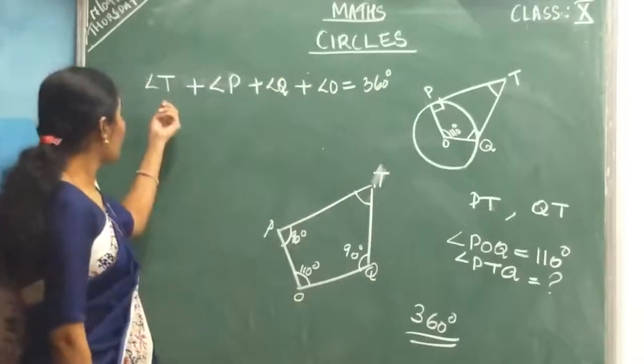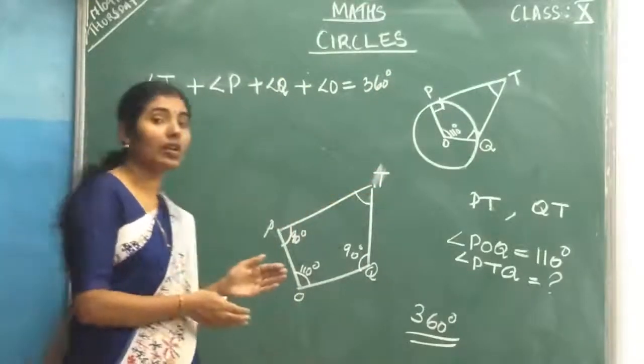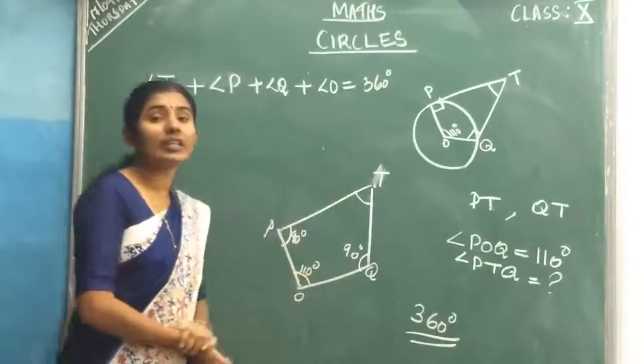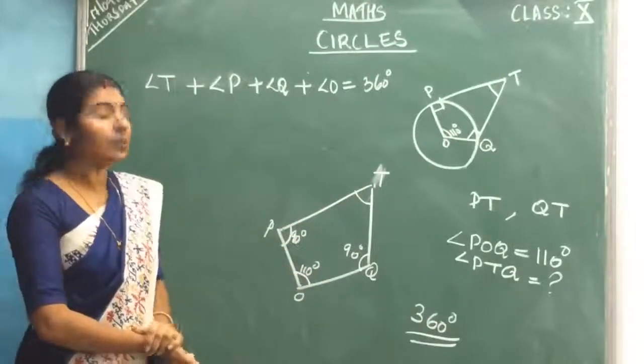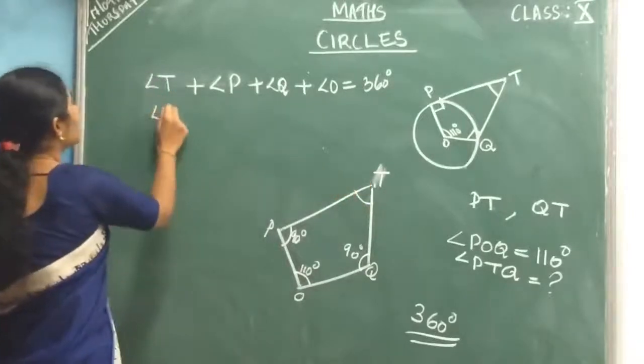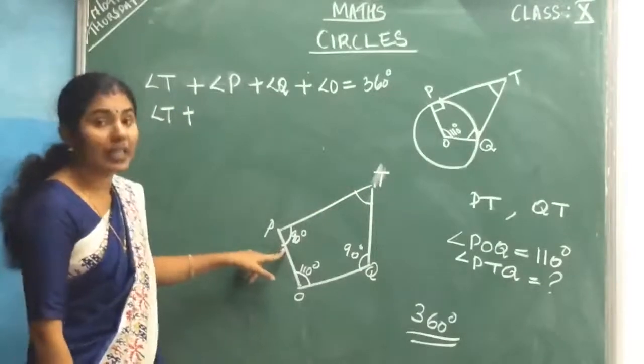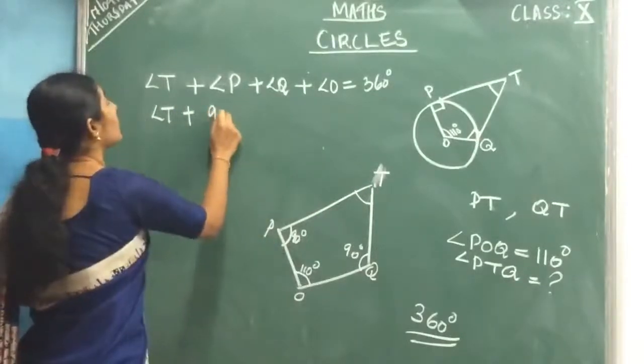Why? That is one property: when you are given a quadrilateral, the sum of all angles is 360 degree. Now angle T we want to find. So write angle T plus angle P, 90 degree, substitute the value.